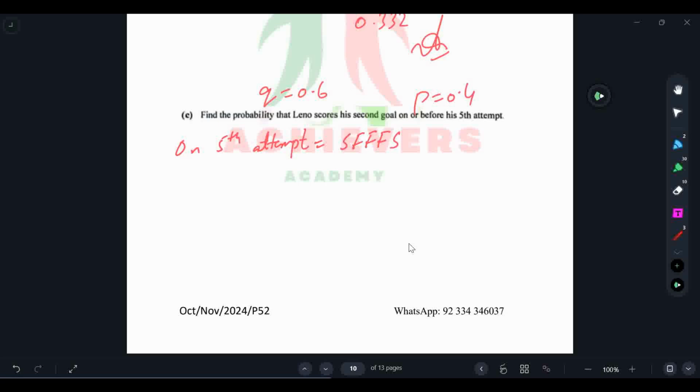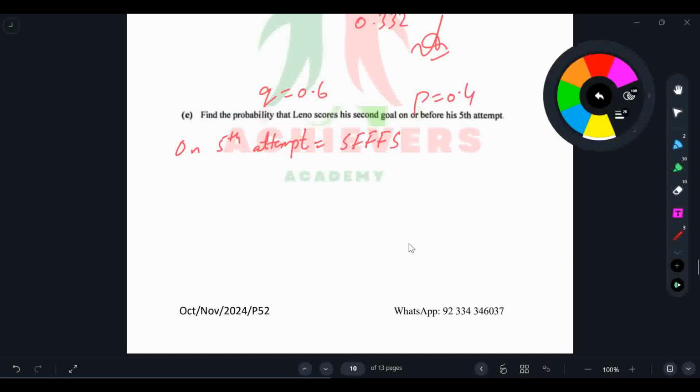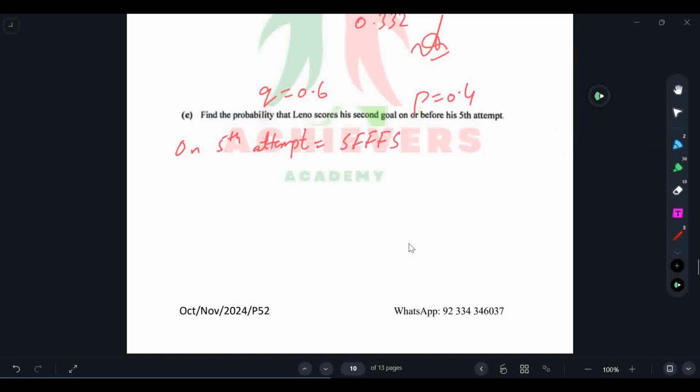Now we have to simplify it. This will be equal to 4 multiplied by 0.4 square multiplied by 0.6 cube.